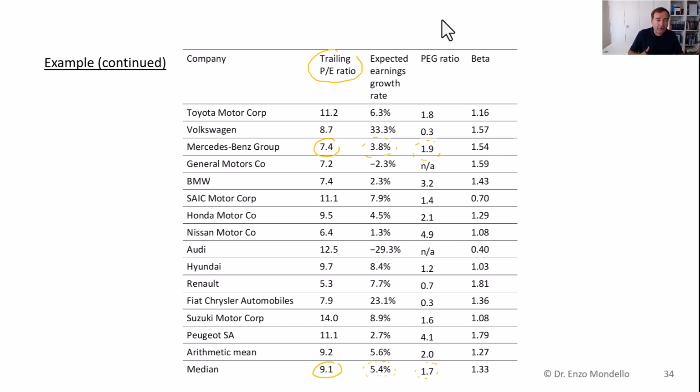To perform the relative value analysis with the PEG ratio, we take the PEG ratio of the industry of 1.7 and multiply it with the earnings growth rate of the Mercedes-Benz Group stock times 100 to get an adjusted PE ratio of the Mercedes-Benz Group stock that we can then compare with the PE ratio of the Mercedes-Benz Group stock to determine whether it is correctly valued in the market.